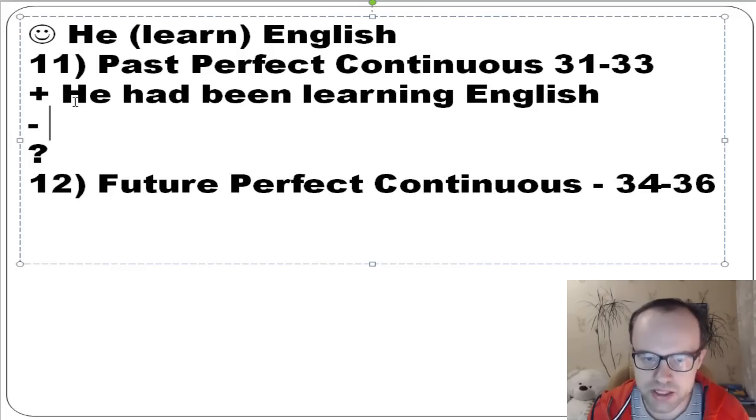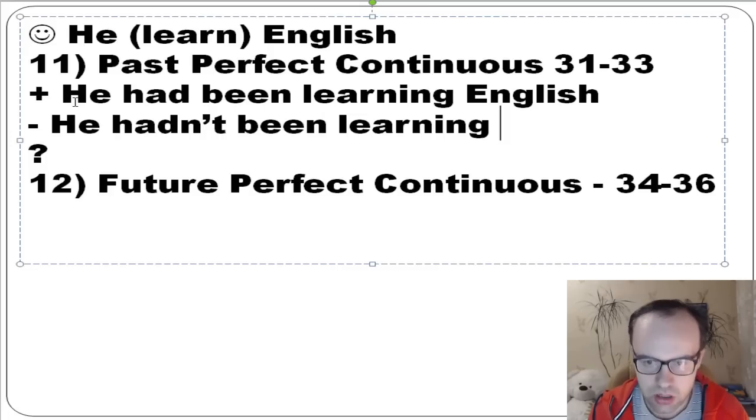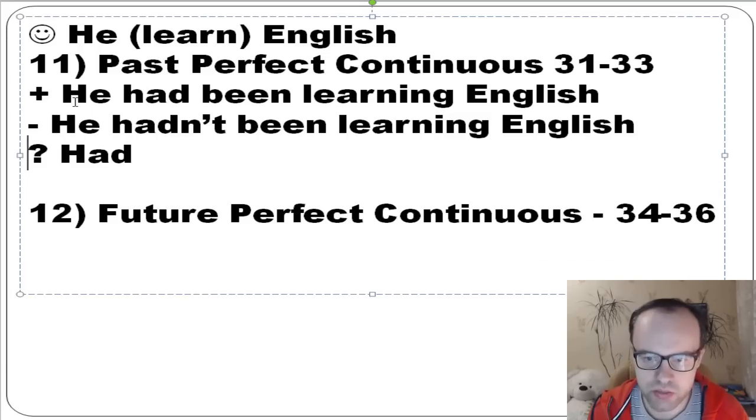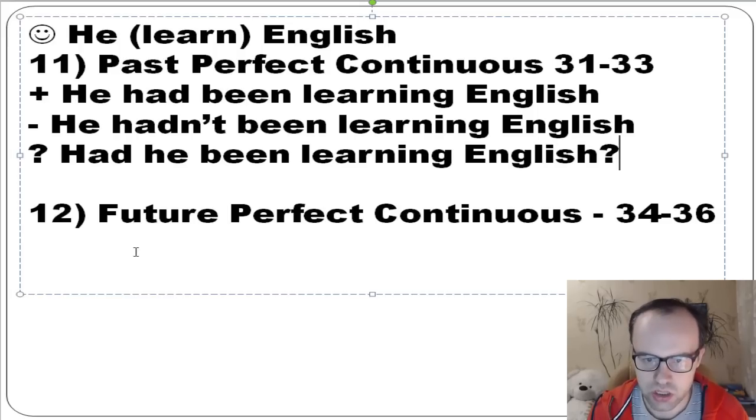Let's form a negative sentence. So he hadn't been learning English. And if it's a question, we put had in the beginning. And we have: had he been learning English?